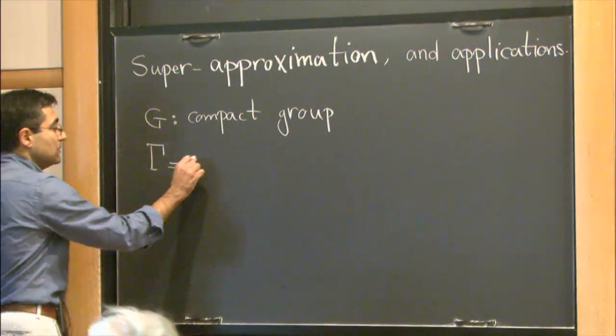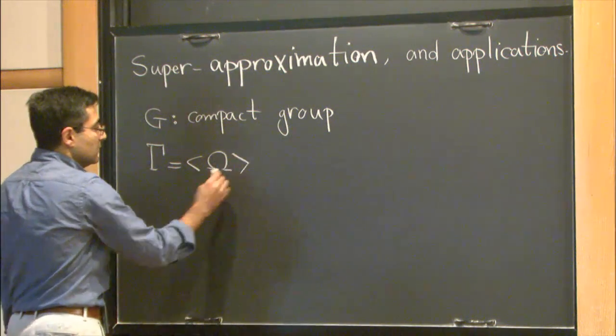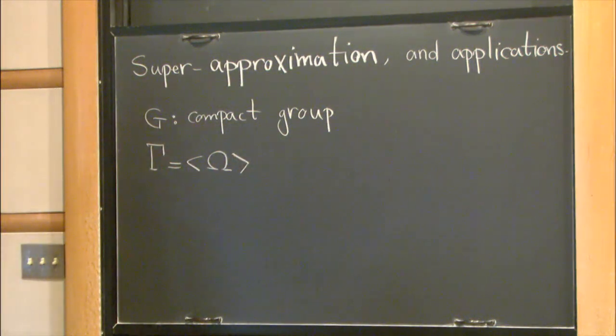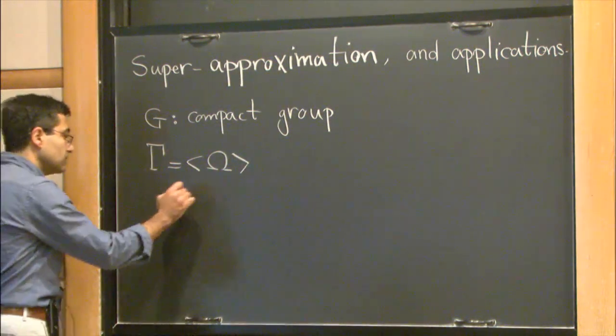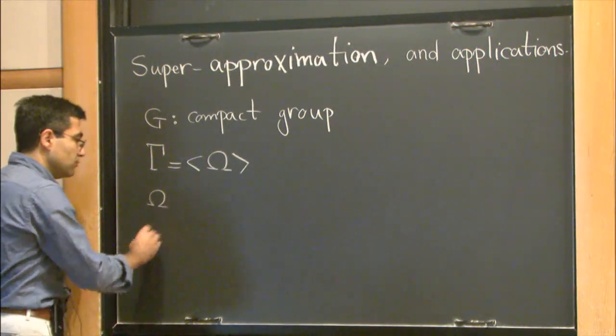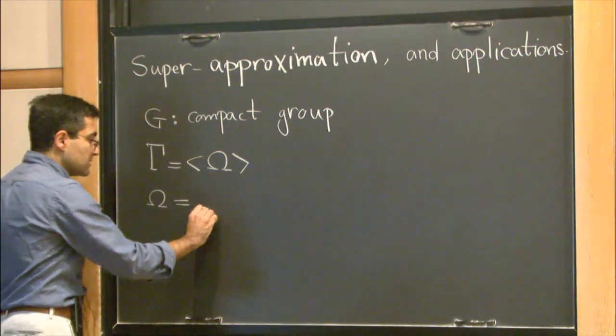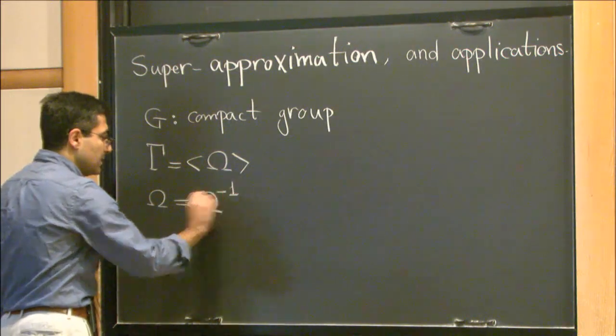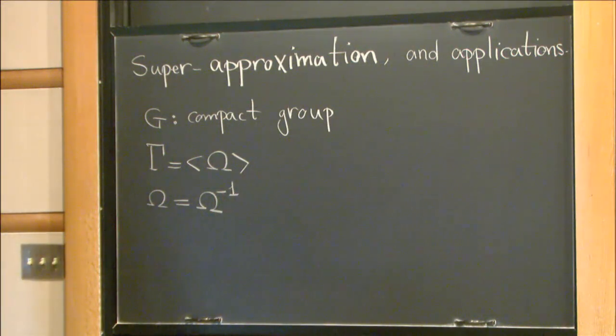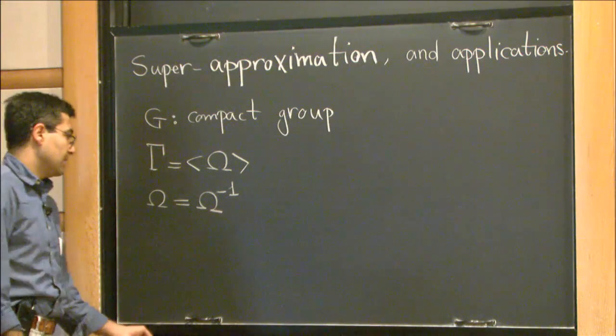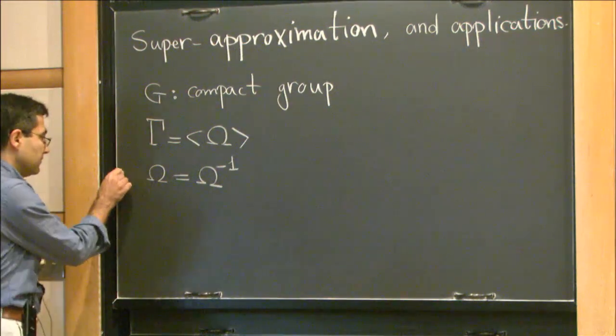So we are given actually a finite subset of G. And in this talk, I always assume that my generating set is symmetric, meaning it contains all the inverses of the elements. And I also assume that the identity is here.